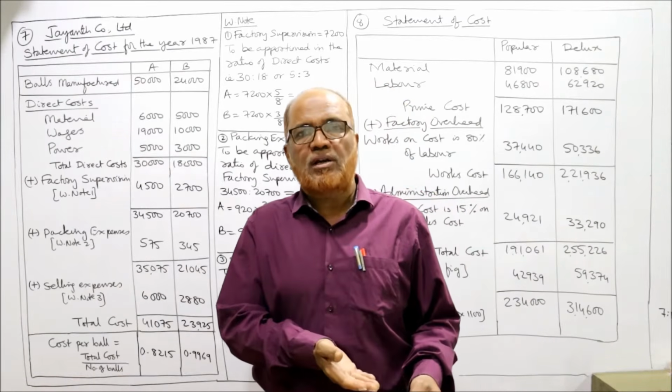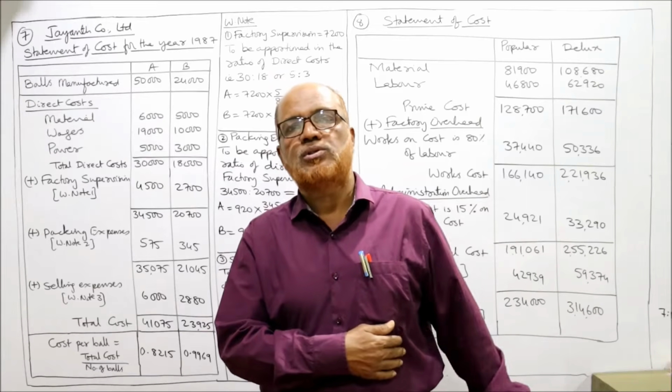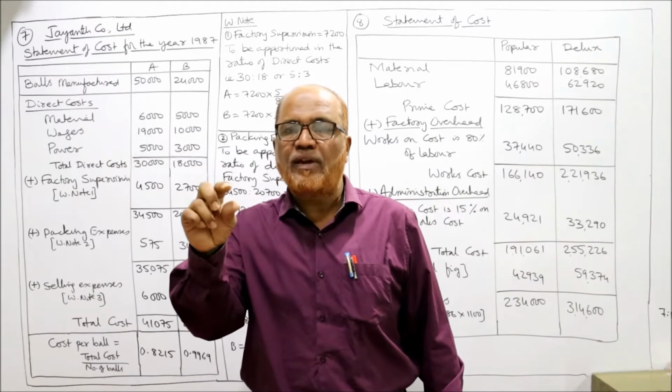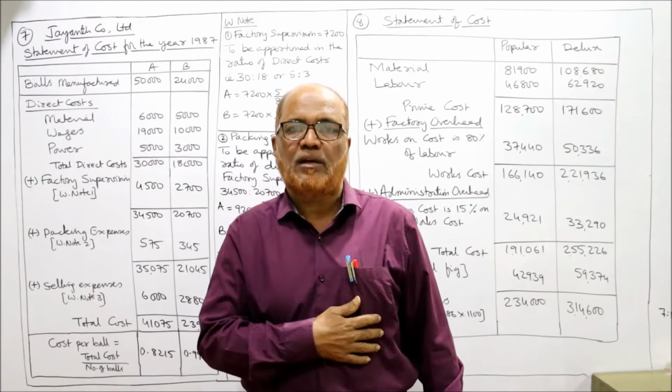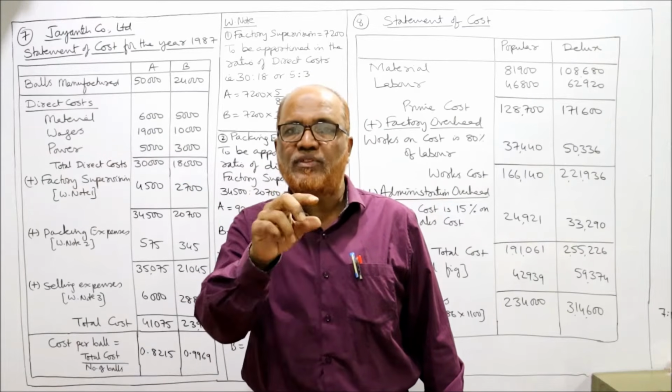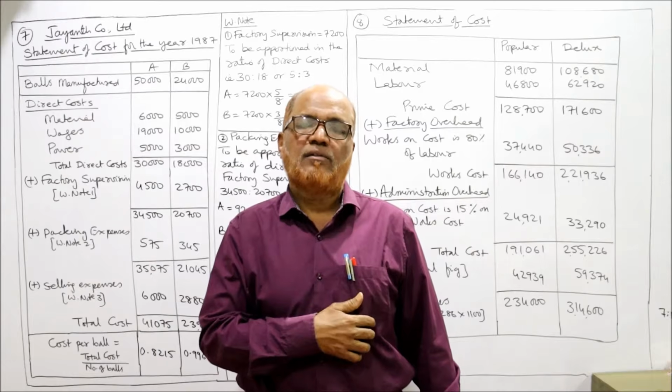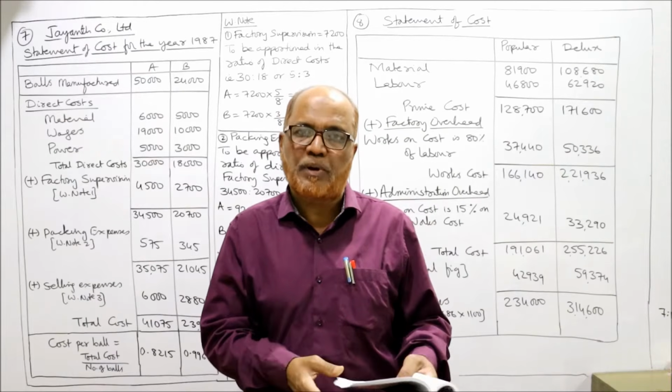So direct costs are given in the problem, 30,000, 18,000. So the ratio, if we calculate 30,000 is to 18,000, you will get 30 is to 18. So in the ratio of 30 is to 18, we divide factory supervision.